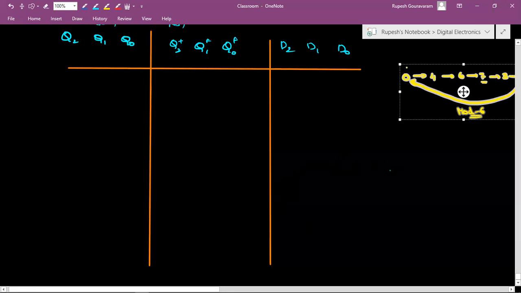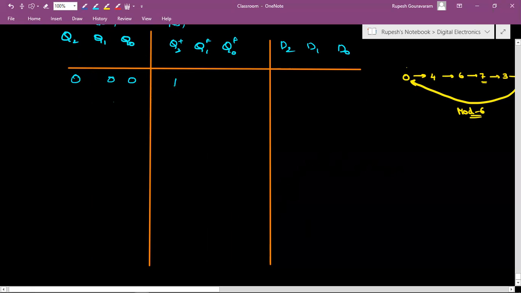Let us see that sequence and fill here. So the first one is 0, 0, 0. If it is 0, it goes into 4. 4 is represented in the binary as 1, 0, 0. So 1, 0, 0, if it is there, it goes to 6. So 6 means 1, 1, 0. If it is 1, 1, 0, then it goes to 7, 1, 1, 1.